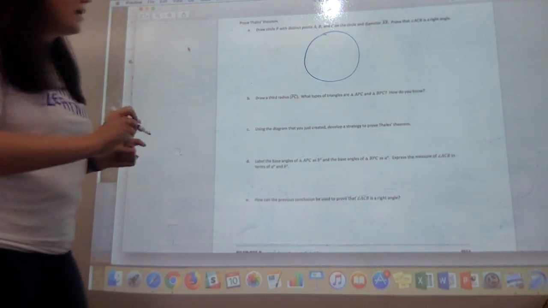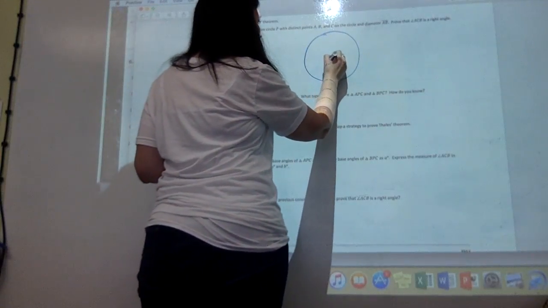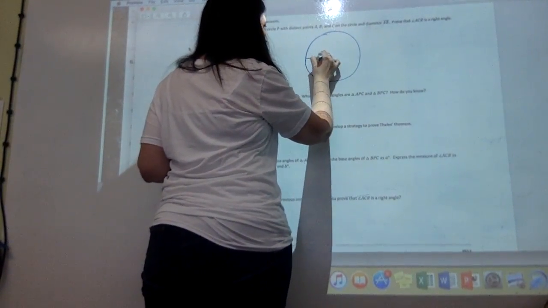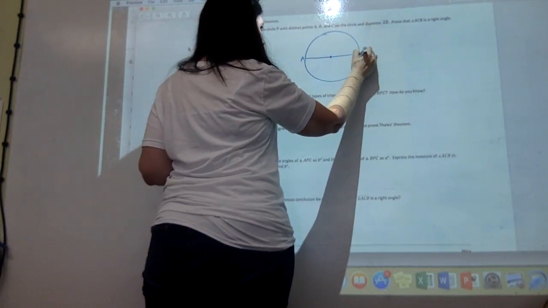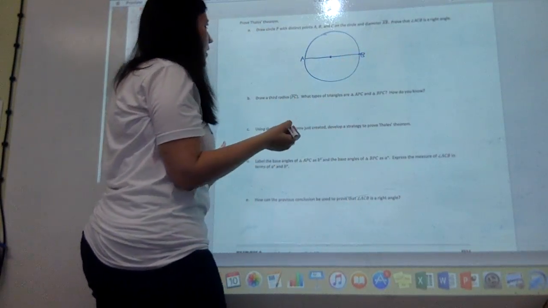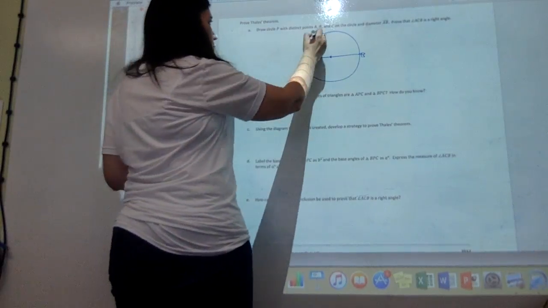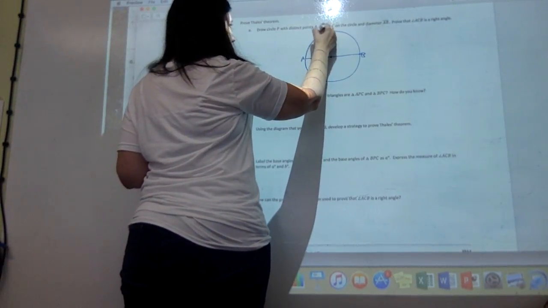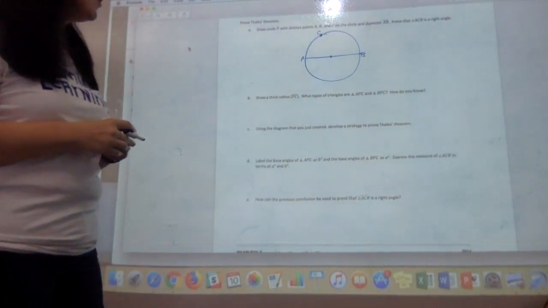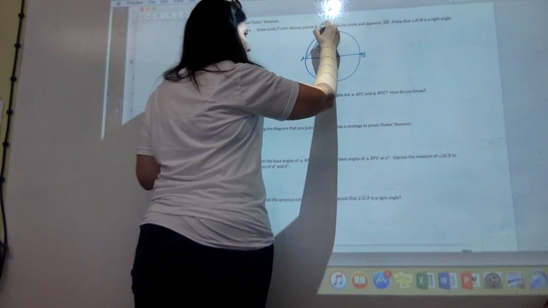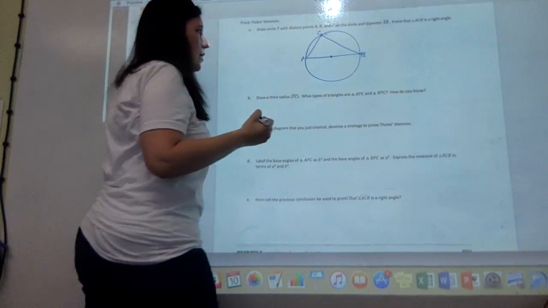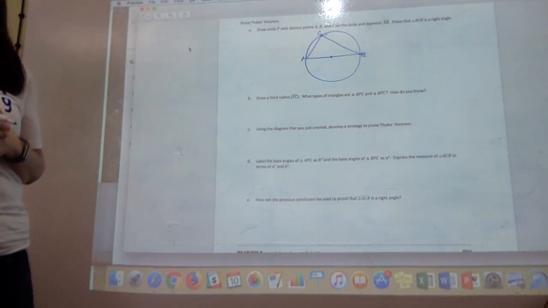It's going to have a diameter of AB. So this is A, B, and then another point on the circle, C. And I want to prove that angle ACB is a right angle.